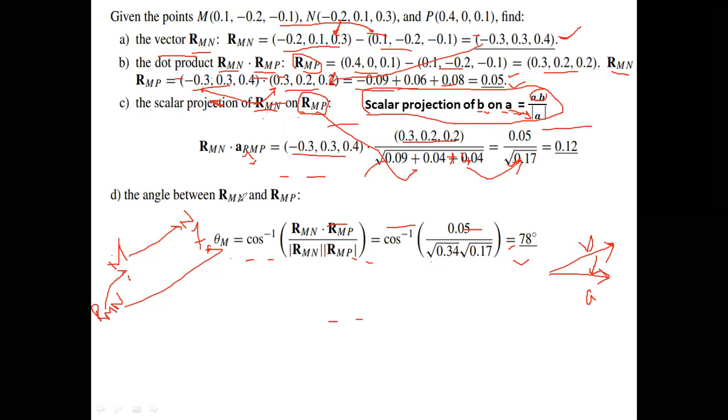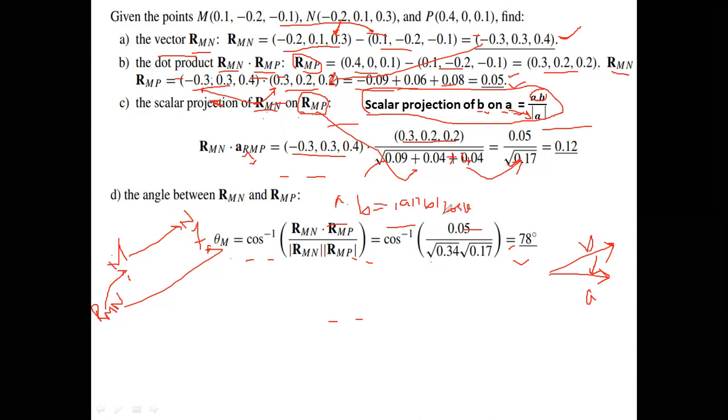The angle between Rmn and Rmp. According to the dot formula, A dot B is equal to the absolute of A into the absolute of B into cos theta.